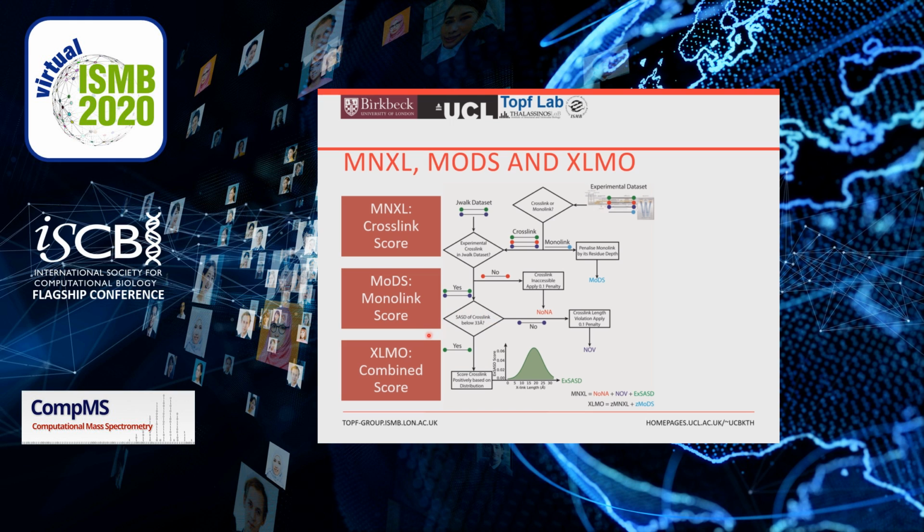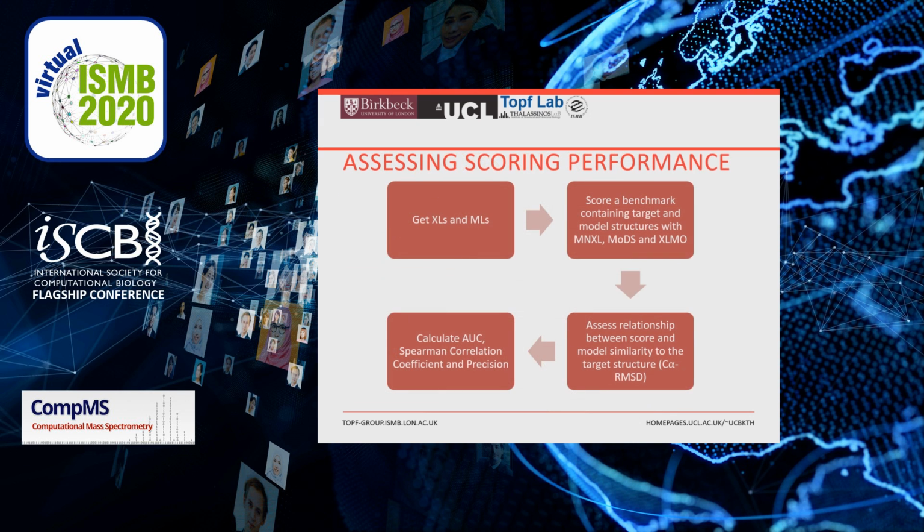If the crosslink passes both of these tests, then we will score it positively based on a probability distribution of different crosslink lengths. That gives us our MNXL term, and then we can normalize both the MNXL and MoDS scores by converting them to z-scores and add them together, and that gives us our crosslink monolink score, or XLMO.